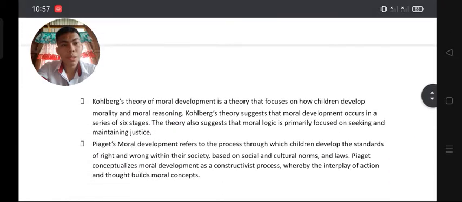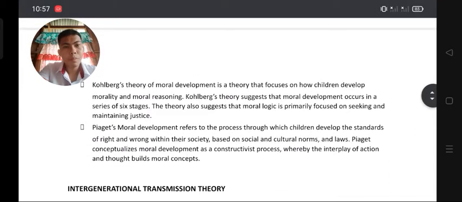Moral development theory. Kohlberg's theory of moral development is a theory that focuses on how children develop morality and moral reasoning. Kohlberg's theory suggests that moral development occurs in a series of six stages. The theory also suggests that moral logic is primarily focused on seeing and maintaining justice.